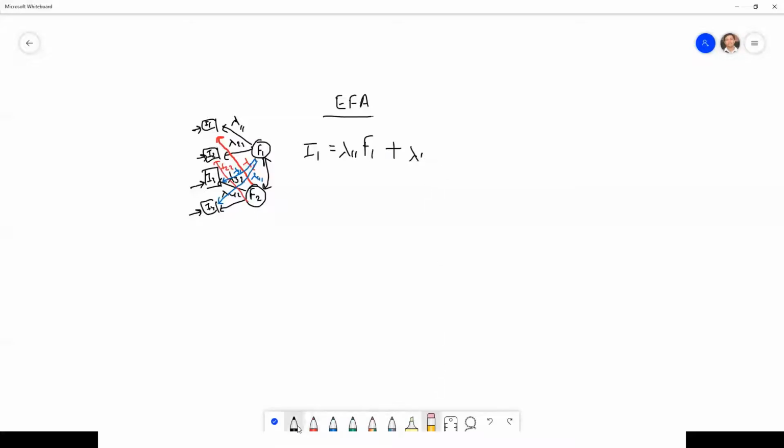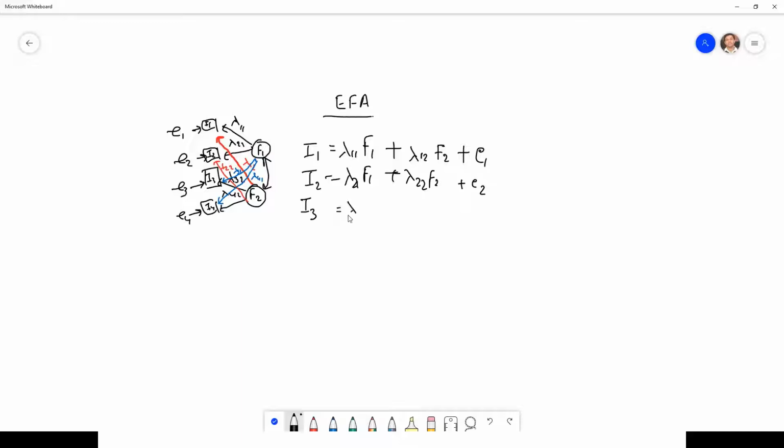So what is the representation of items in an exploratory factor analysis? We write I1 as lambda 11 times F1 plus lambda 12, the loading of item 1 on factor 2, times F2, plus the error associated with item 1. This is the measurement error. Similarly, I2 is equal to lambda 21 F1 plus lambda 22 F2 plus error 2.